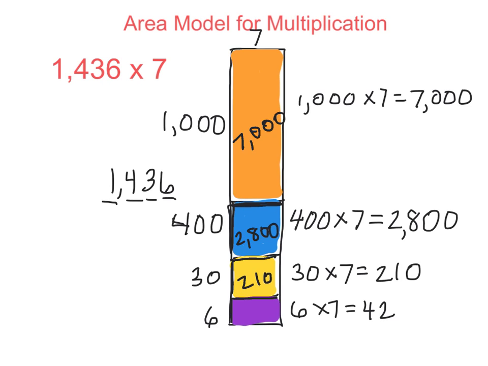And now my final step is to add up all of the areas of the rectangles. So I can do that on the side. 7,000 plus 2,800 plus 210 plus 42.